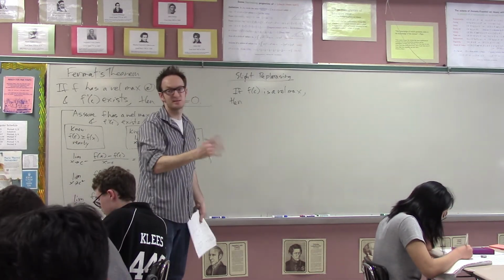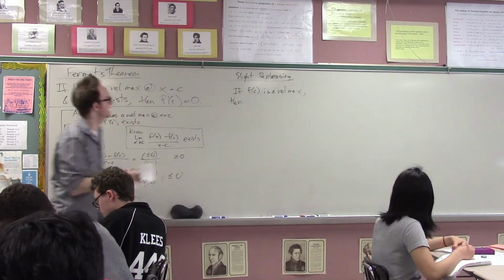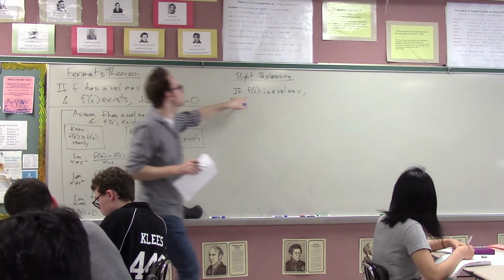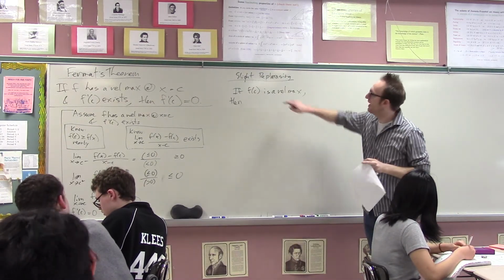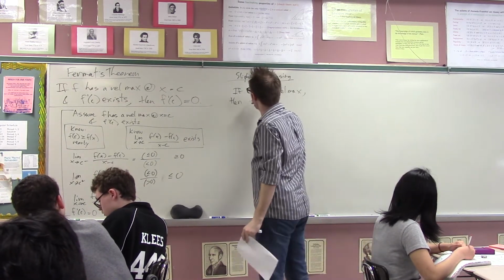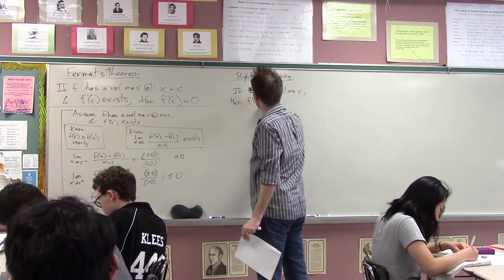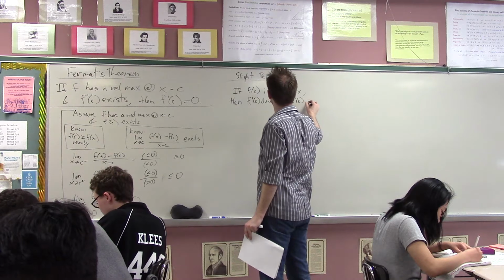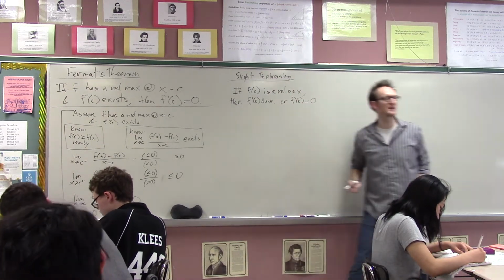If it doesn't exist, it doesn't exist. If it does exist, Fermat's theorem tells us that it's 0. Agree? Okay, so I'm ready to say that if f of c is a relative max, then either f prime of c does not exist, or f prime of c is 0. Does everyone see how that's like the same thing?